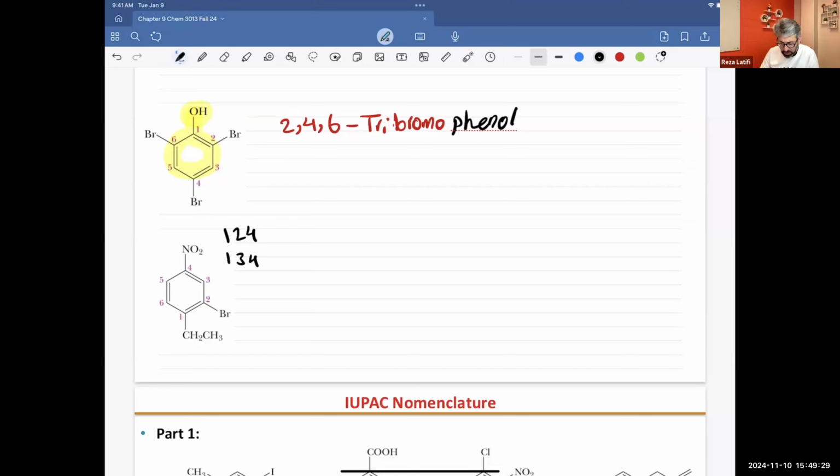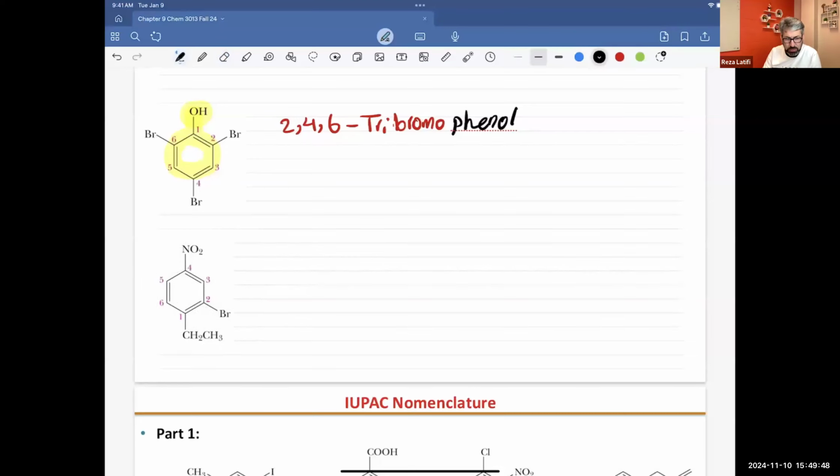If I start from bromo, I get 1, 2, and then 4. Let's see, 1, 2, 3, 4, 5. So I get 5, not 4, if I start from bromo. So the correct way to label it is to start from the ethyl group.